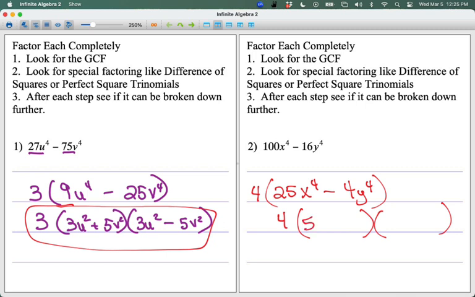This will be 5x squared minus 2y squared, and then the same thing except a plus instead. Check your difference and make sure it's not a perfect square. Since 5 and 2 are not perfect squares, we're done.